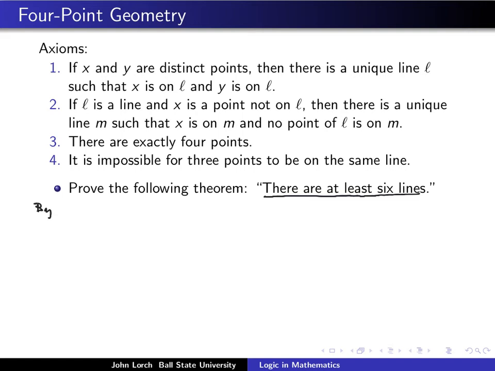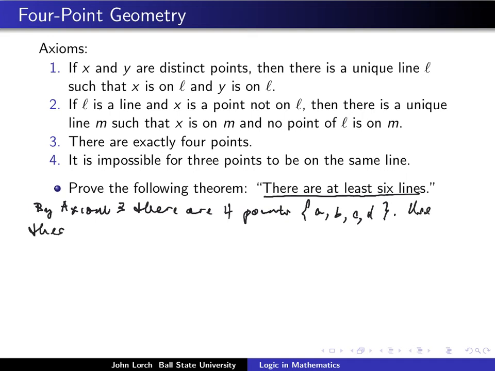So the first thing is we know that by axiom 3, there are 4 points, and let's label them A, B, C, and D. So we can use these to form 6 distinct sets of 2 points.